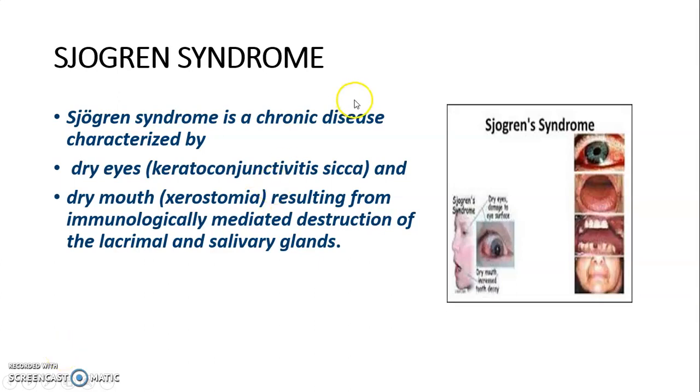Sjogren syndrome is a chronic disease characterized by dry eye or keratoconjunctivitis sicca and dry mouth, resulting from immunologically mediated destruction of the lacrimal and salivary glands.